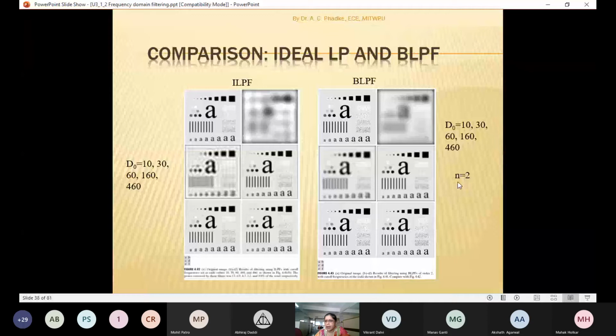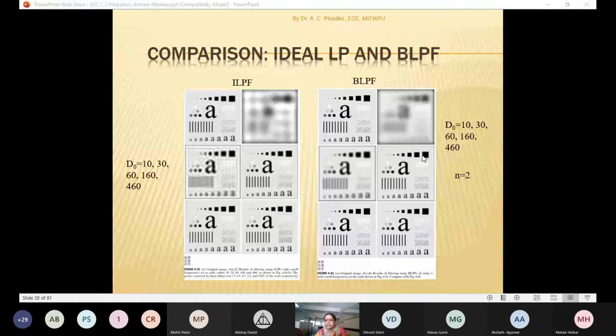So at order 2, transition from pass band to stop band is smooth in nature. As for Butterworth filter the transition is smooth, you can observe there is no ringing effect.